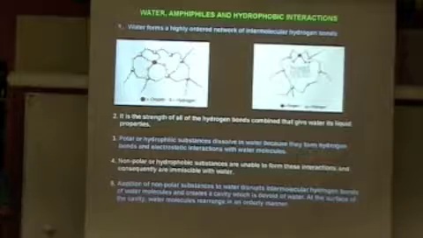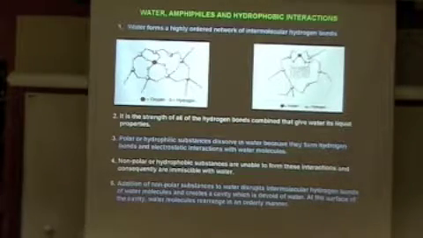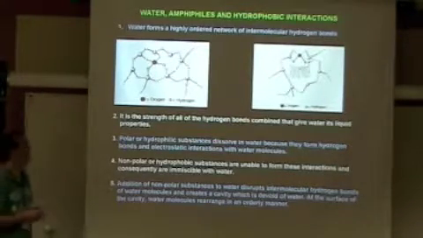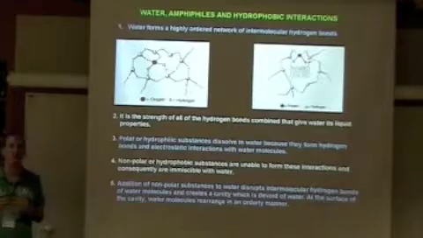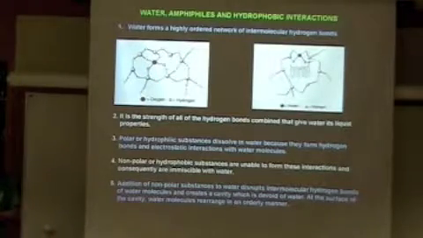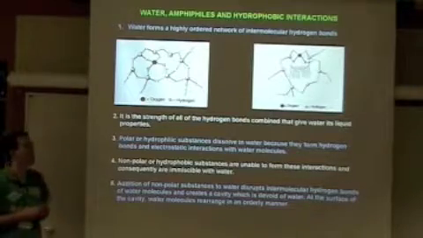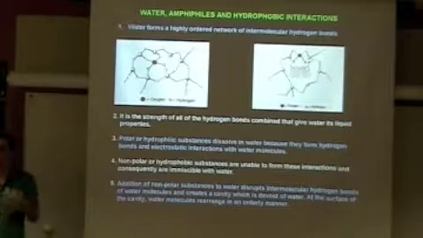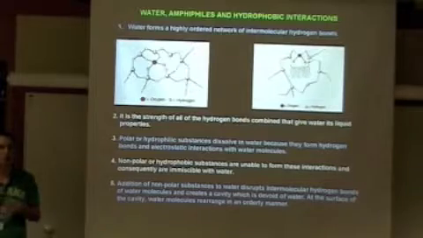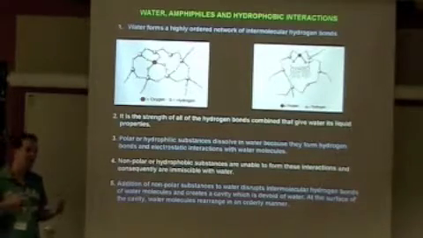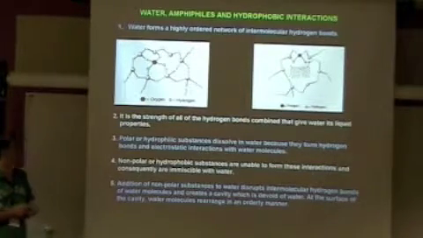Basically, the concept of hydrophobicity is based on the fact that water has a very strong hydrogen bonding network. This is the intrinsic property that gives water its character. There's a strong network of hydrogen bonds which allows water to exist the way it is. And hydrophobicity is something that disrupts this network of hydrogen bonds, and it causes changes in entropy and changes in energy to adjust to this disruption.